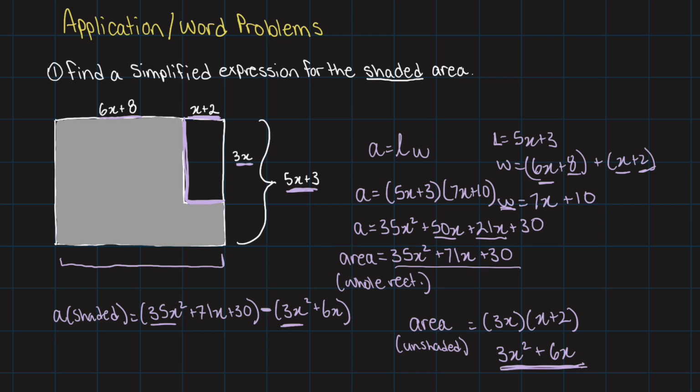Because that negative sign multiplies with what is in here, both of the two terms in there. So 35x squared minus 3x squared will give us 32x squared, and then we have 71x minus 6x, 65x, and then we only have one constant term, so that stays the way it is. And that is our final answer.